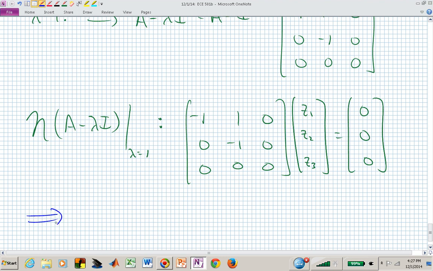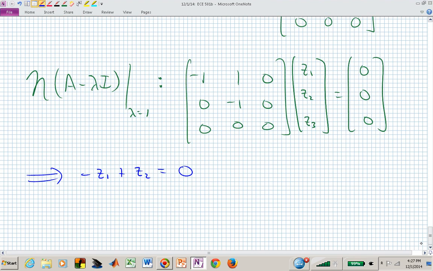The first row tells us that -z1 plus z sub 2 is equal to 0. The second row says that -z sub 2 is equal to 0. And the third row doesn't give us any constraints on the coordinates.